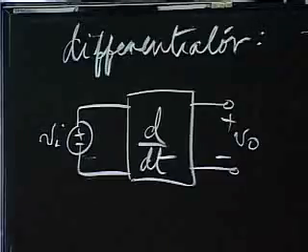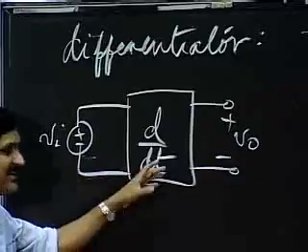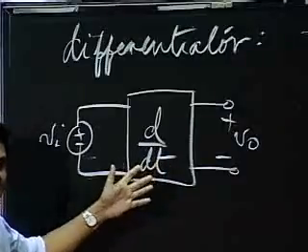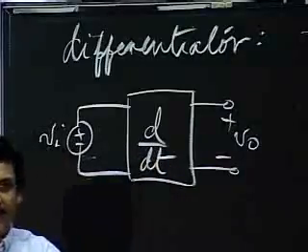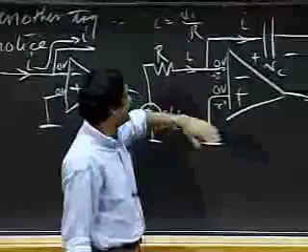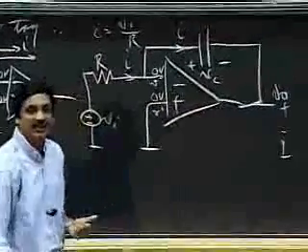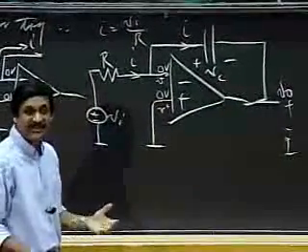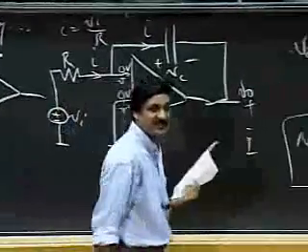So again, when you see differentiation, integration, think capacitors or inductors, doesn't matter. In fact, as a homework exercise, you may want to go back and see how you can get a similar effect using inductors.